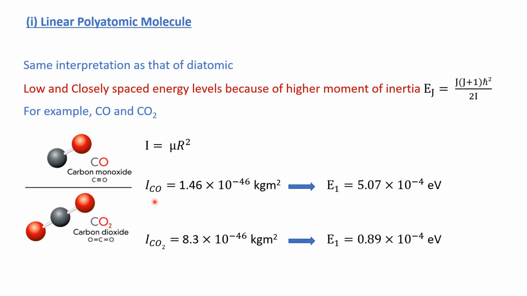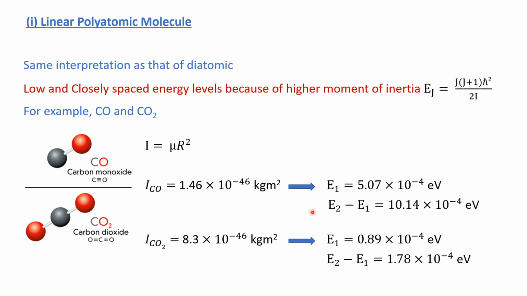So here the moment of inertia of carbon monoxide is this one, and the corresponding energy of the first rotational state is this one, whereas the moment of inertia of carbon dioxide is this one, which is of course greater than that of carbon monoxide, and the corresponding energy of the first rotational state is this one, which is of course lower than that of carbon monoxide.